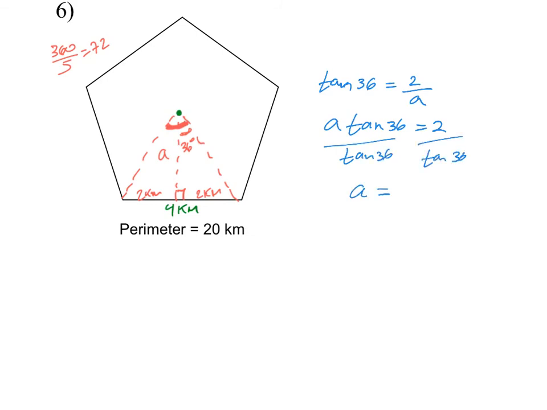So a equals approximately 2.8 kilometers. Now my area is 1/2 of 2.8 times 20. I already know that my perimeter is 20. So this is 28 kilometers square.